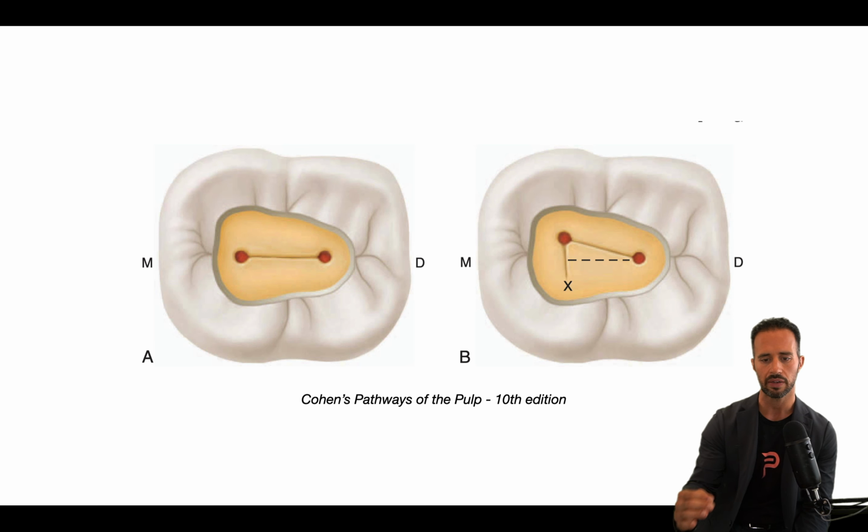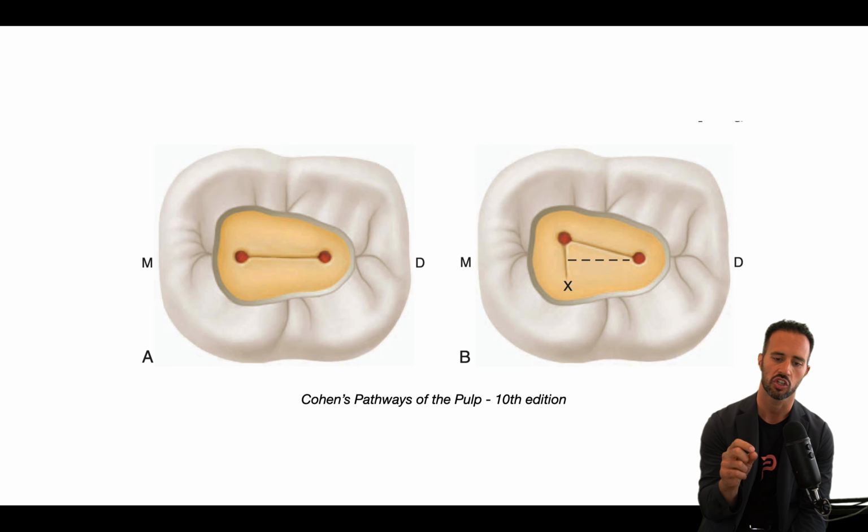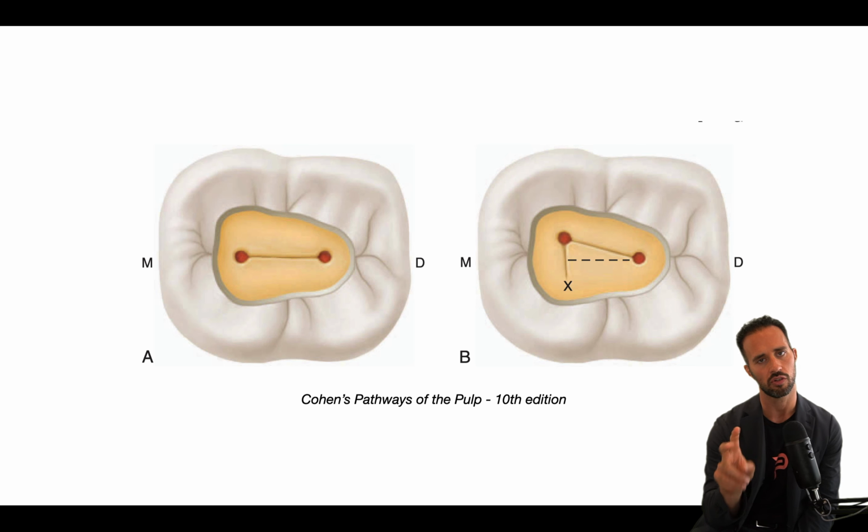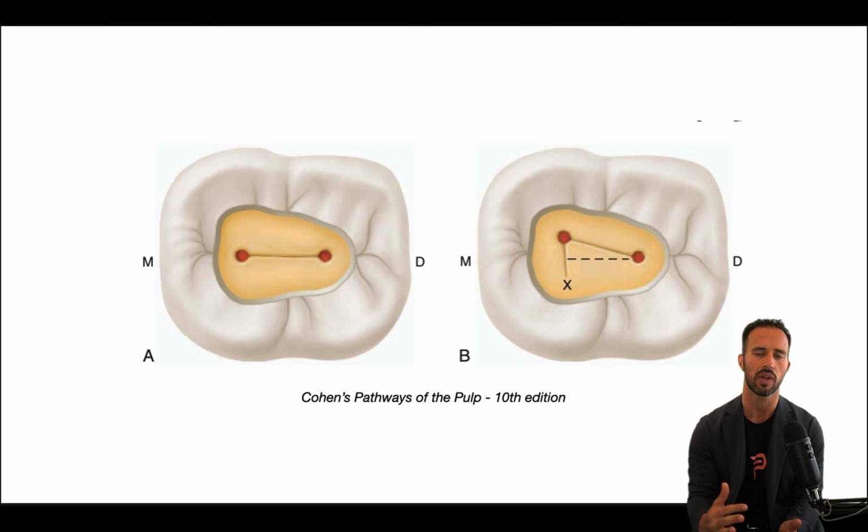But you can see very clearly that there's not symmetry between the 2 found canals, and that dashed line is going to show you generally where the midline is, and the X is exactly where that ML canal should be. You don't want to stop here and assume that there's only 2 canals when you don't have that symmetry.